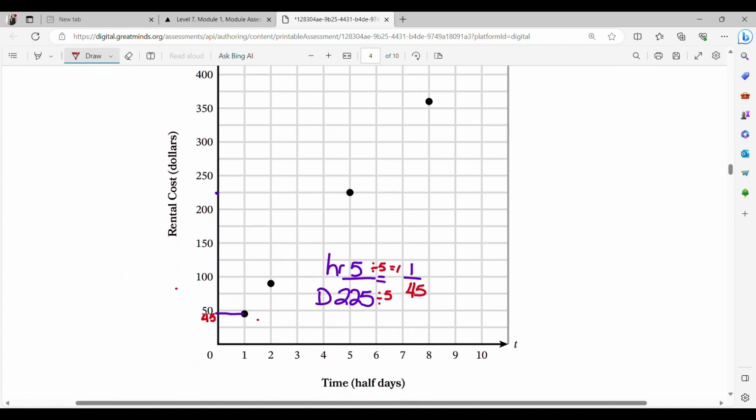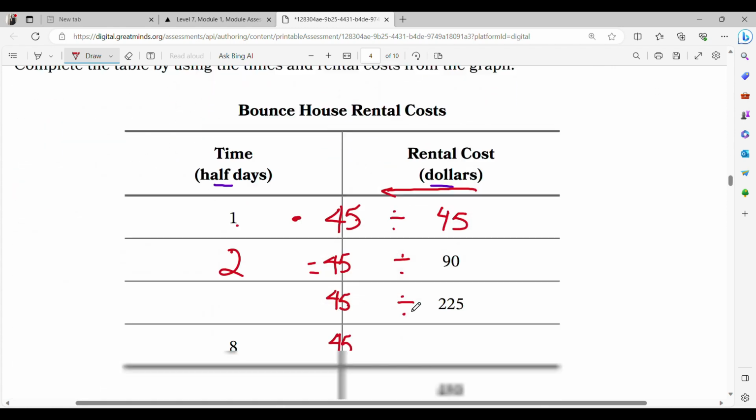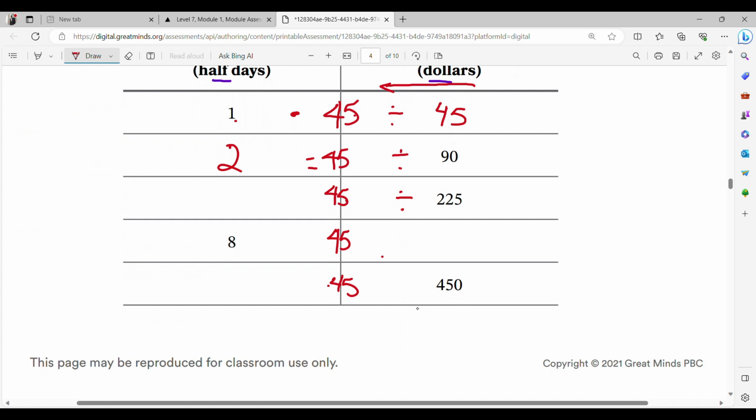We did that earlier. 225 divided by 5 is 45. So 225 divided by 45 is 5. 8 times 45 is 360. 450 divided by 45 equals 10.